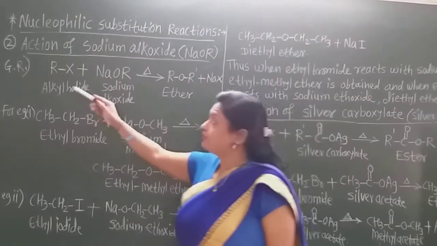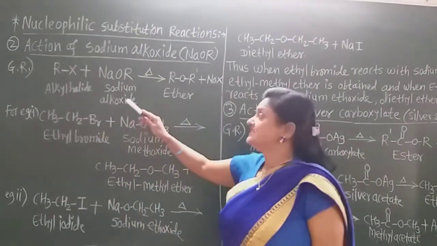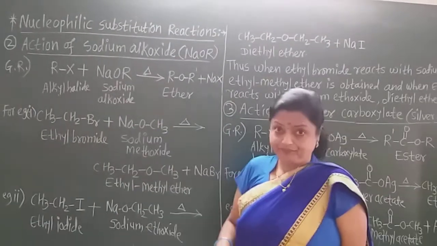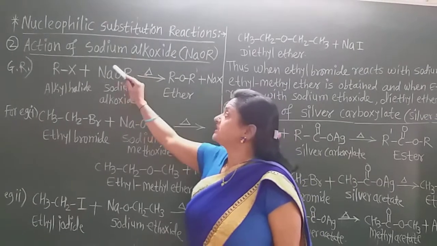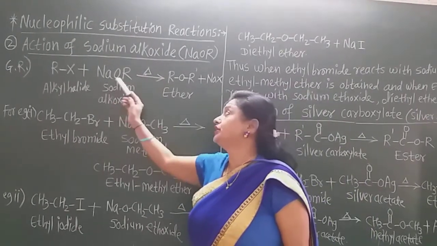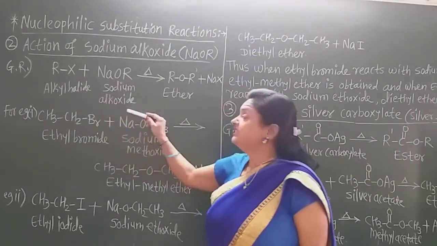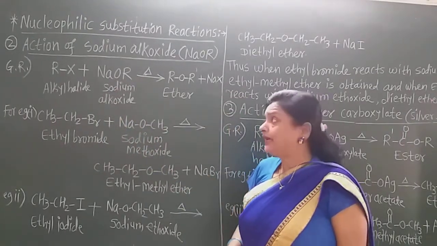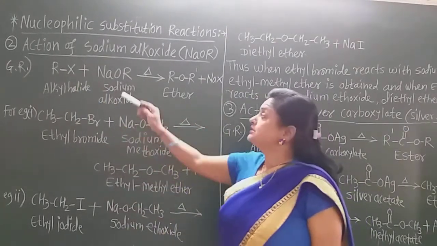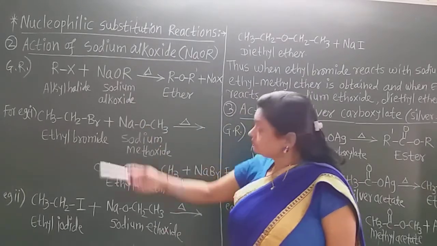This is the general formula of alkyl halide RX, and this is the general formula of sodium alkoxide. The OR group is the alkoxide group, so the name is sodium alkoxide. When alkyl halide reacts with sodium alkoxide, what happens? The halogen atom is replaced by the alkoxide group, which is the nucleophile.